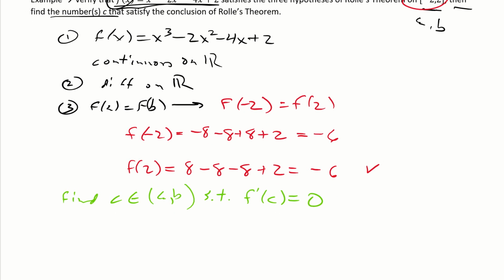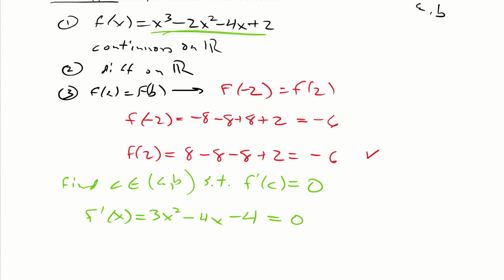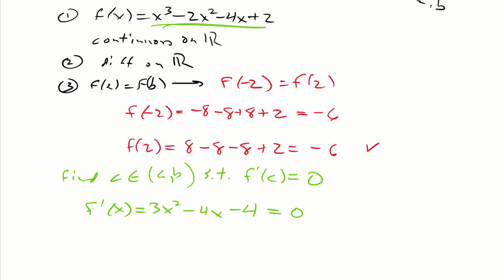And the derivative is 3x squared minus 4x minus 4. And we're looking for the c that has a 0 derivative. It's basically, I'm looking to see where you have a horizontal tangent. But one is guaranteed by Rolle's theorem to fall in the interval minus 2 to 2 because of the hypotheses.